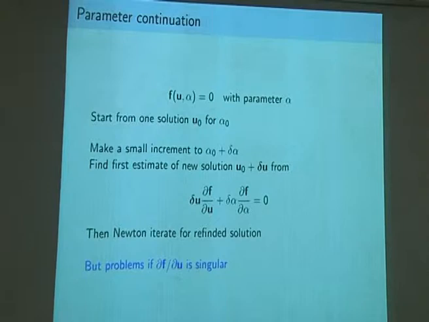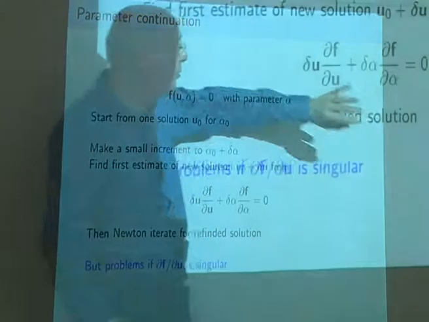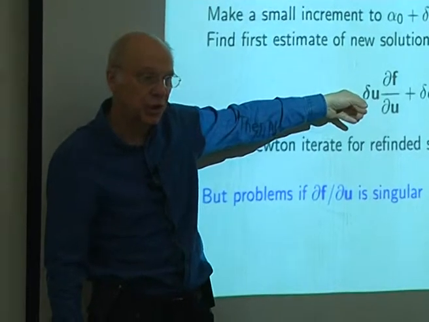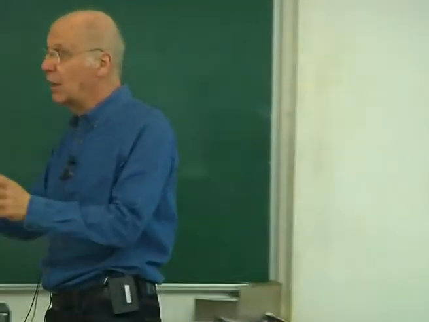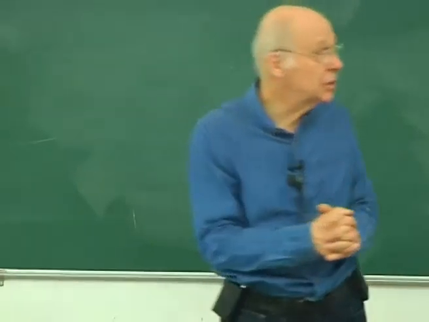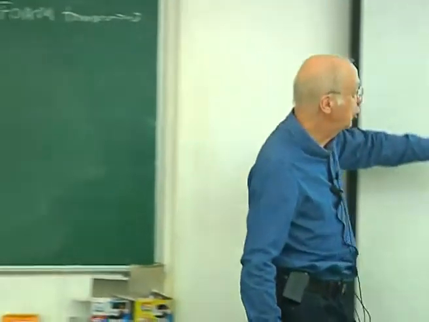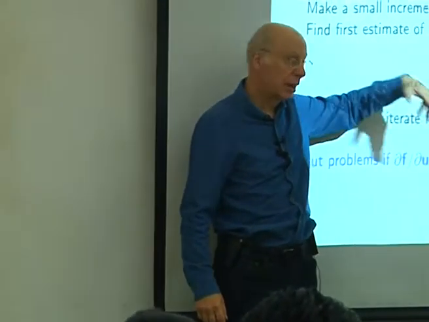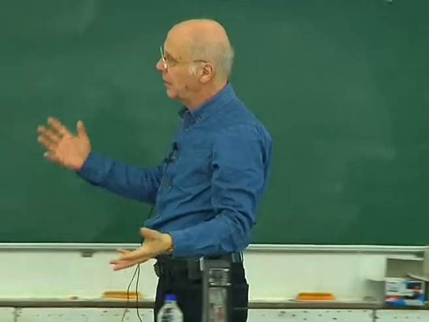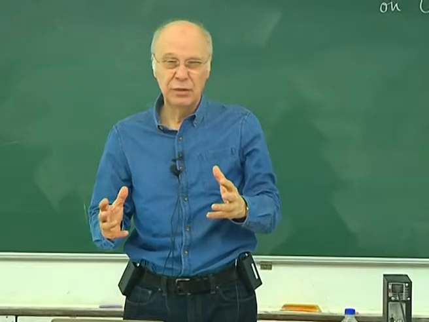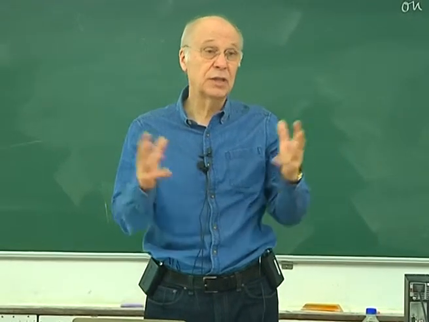So if you say how much you want to increase the Reynolds number, I can find out how the solution changes by solving that. And everything goes on quite well until when the Jacobian matrix here becomes singular. And when the Jacobian matrix becomes singular, it's telling you your solution has gone unstable.